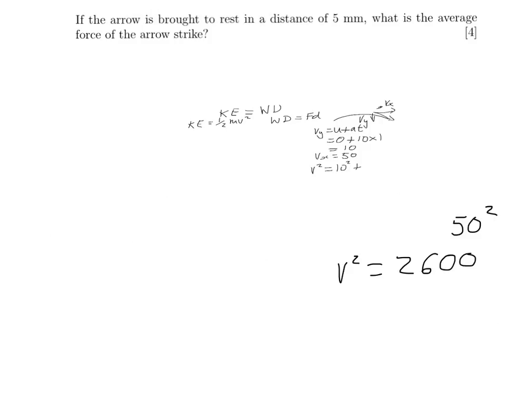I'm going to leave it just as v squared for the moment because we're going to use it in our kinetic energy equation, which is half mv squared, so we're going to square it anyway. So we've got half times 0.02, which is the mass of the arrow, times v squared. And we're looking for the force, so we need to do force times the distance.